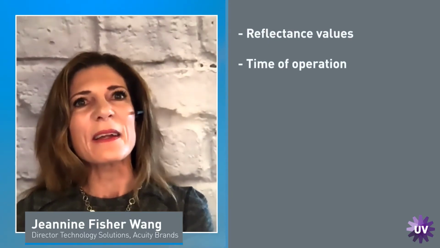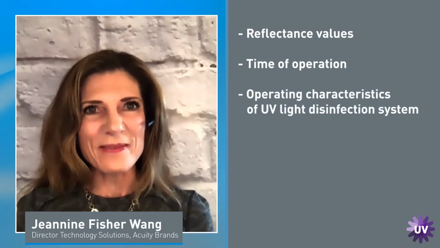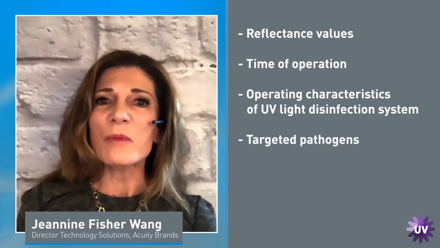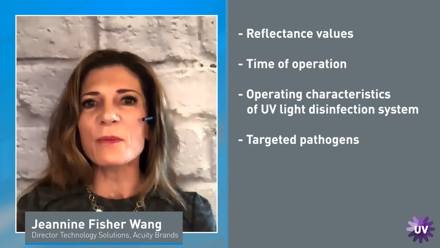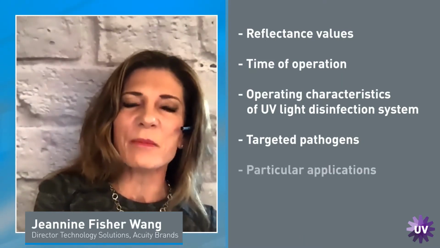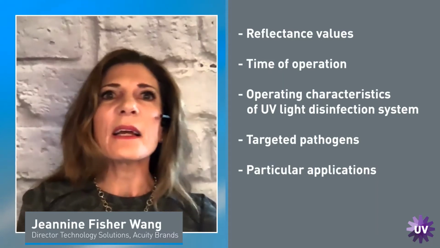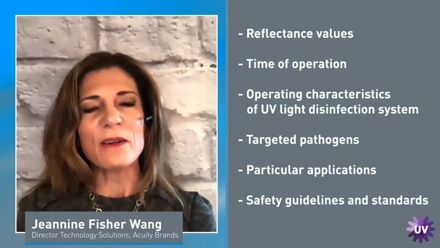We need to understand the time of operation, the operating characteristics of the UV light disinfection system itself, and what pathogens we're trying to target. Are we trying to target bacteria or viruses or both? Are there specific ones in a particular application that we really need to look at more critically? And of course, what the safety guidelines and standards are.